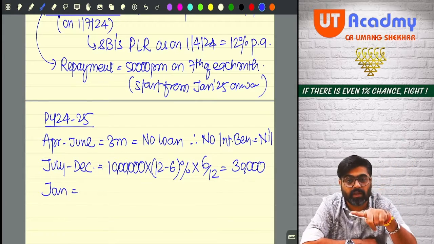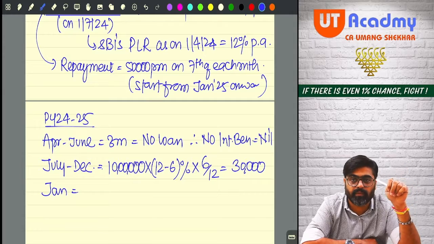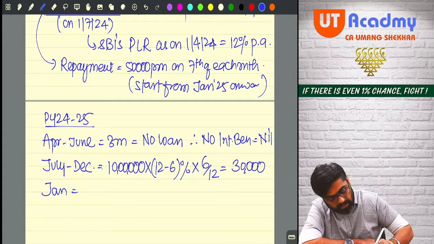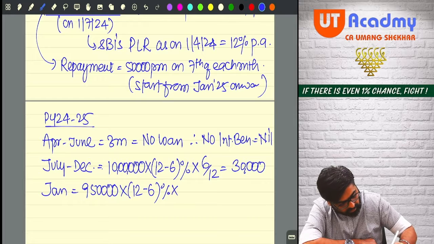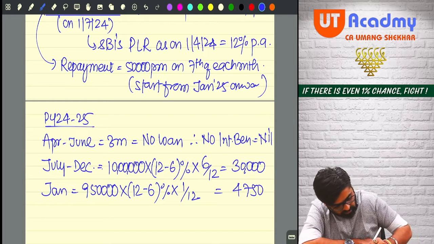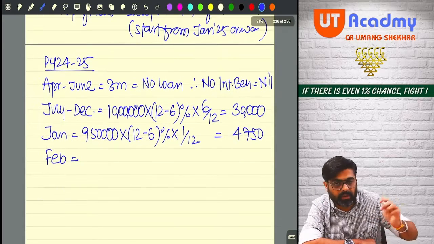What is the loan amount outstanding as on the last day of Jan? Because on 7th of January, 50,000 will be repaid. So as on the last day of January, the loan amount outstanding will be 9 lakh 50 into 12 minus 6% into 1 by 12. It will be 4750. February, again 7th February, 50,000 will be repaid.